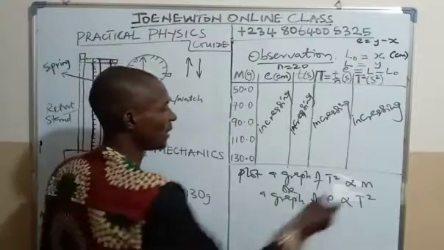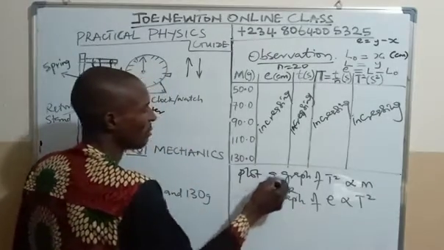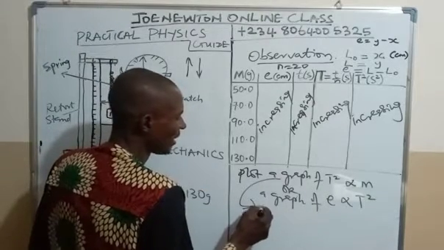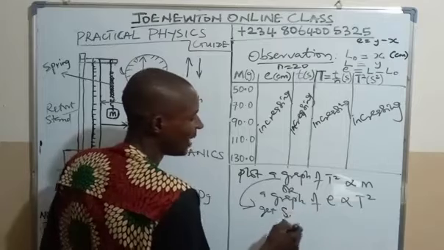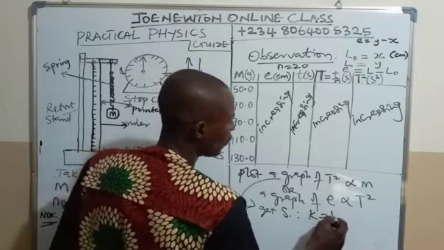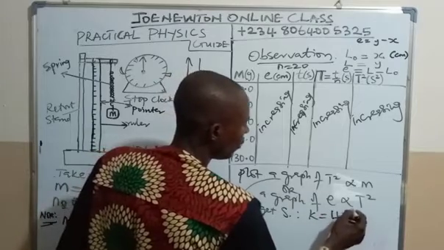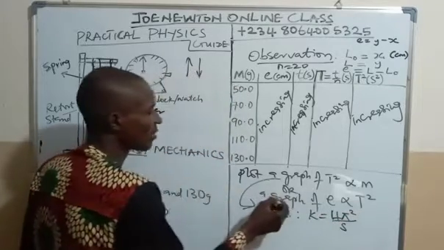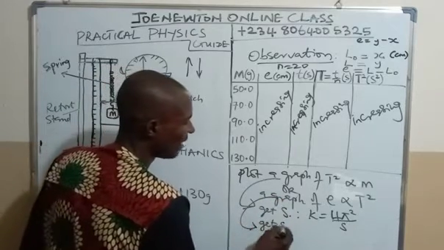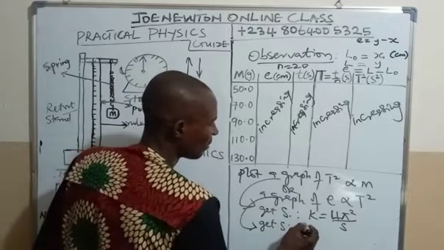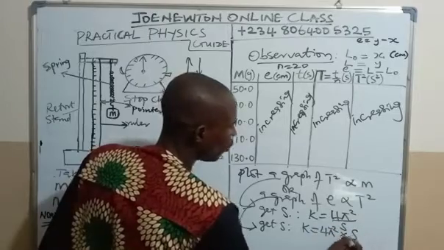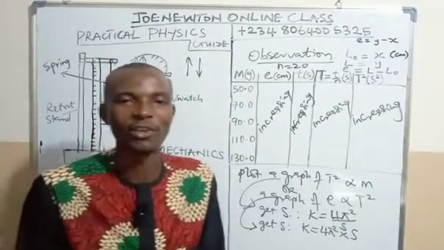From the first one, you get your slope s, then evaluate k is equal to 4 pi square over s. From the second graph, you get your slope s, then evaluate k is equal to 4 pi square times slope. This will give you a constant.